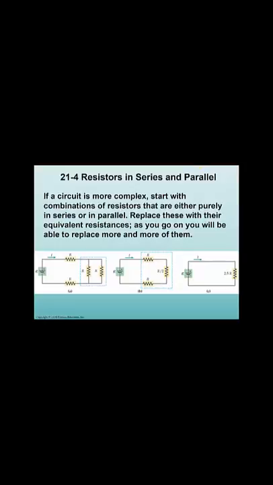The voltage across R over 2 is equal to the voltage for this resistance and the voltage for this resistance, because this resistor is really these two resistors in parallel, and resistors in parallel have the same voltage drop from here to here, which is identical to here to here.